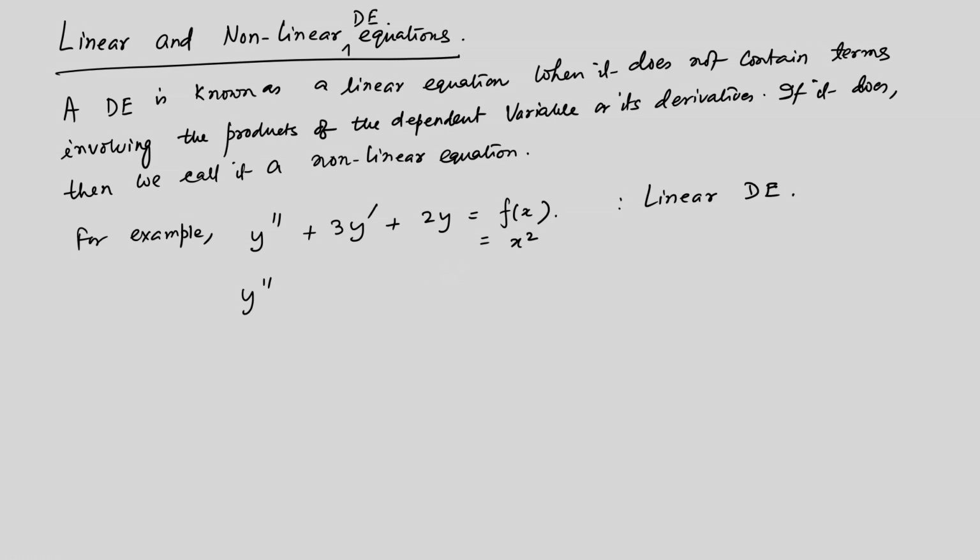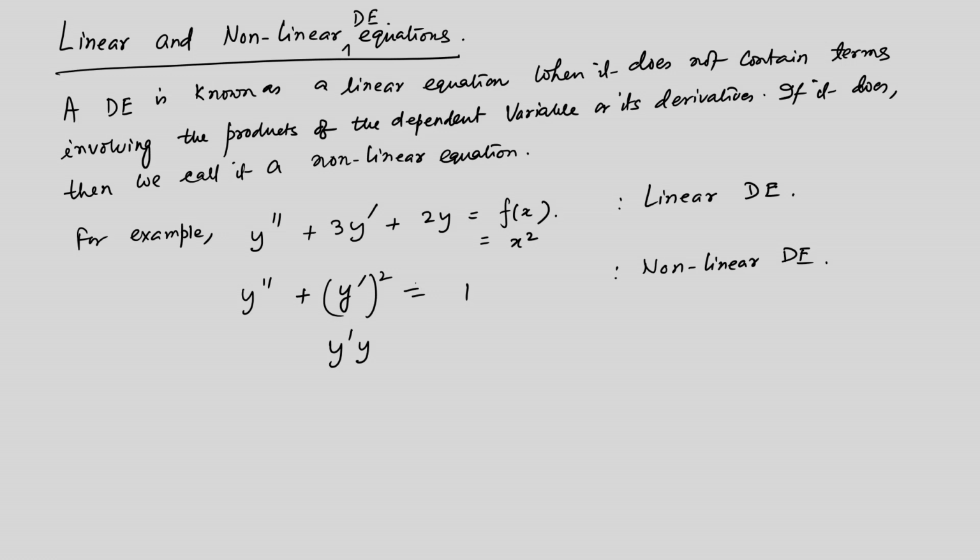So, that is why this is a linear equation, whereas if you have a term such as y prime square equal to say 1, this is the example of a nonlinear equation. It could be y prime y, or it could be y double prime y and things like that.